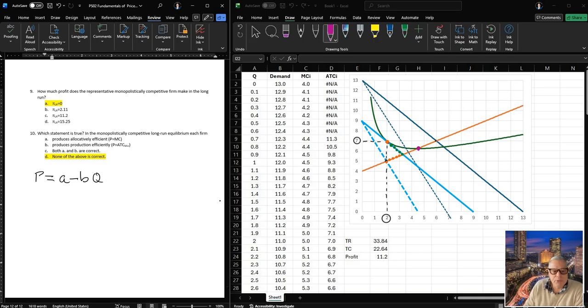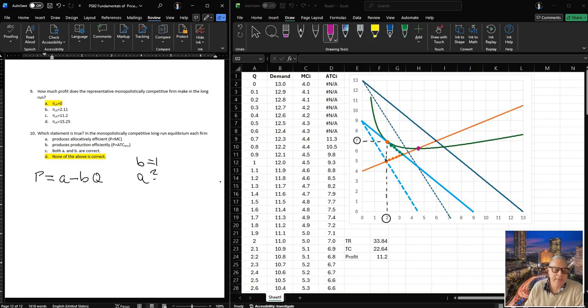Well, we already know that B is 1, because the residual demand function has the same slope as the market demand function for the group category. Now I need to find A, the intercept.